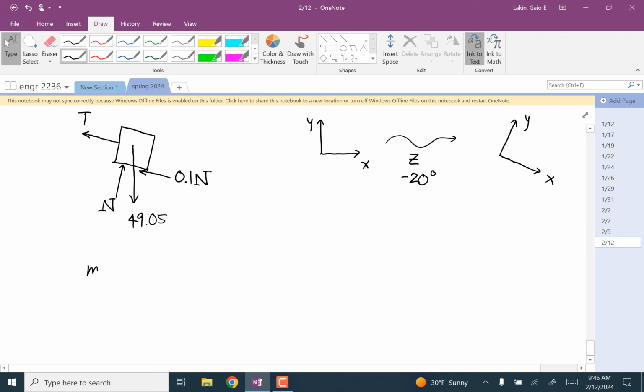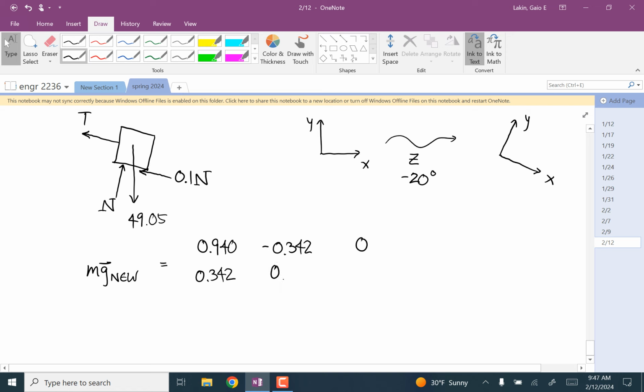So mg in the new coordinate system is cosine of negative 20 degrees, 0.940. Sine of negative 20 degrees is negative 0.342. 0. Then negative sine of negative 20 degrees is positive 0.342.